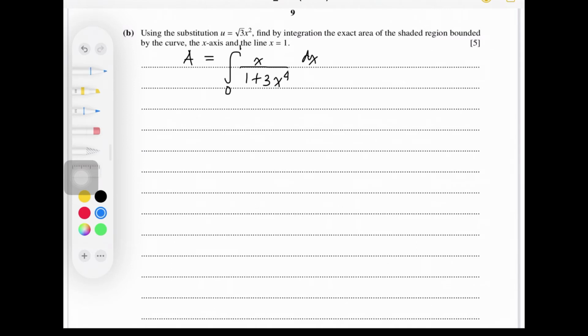The substitution that we are going to use here, given from the question, is u equals square root of 3 x squared. So du over dx is 2 square root of 3 x, or dx is du over 2 square root of 3 x.